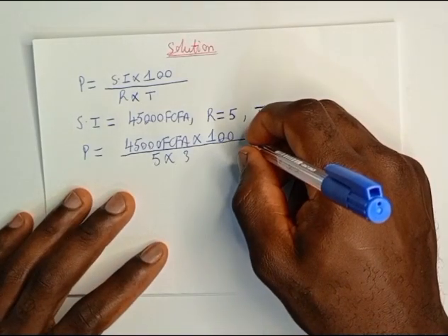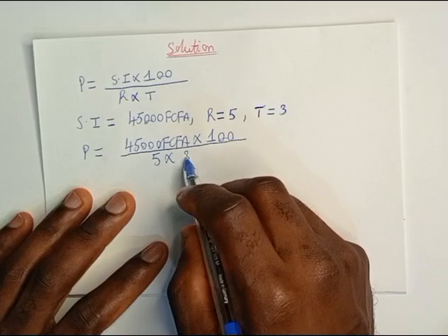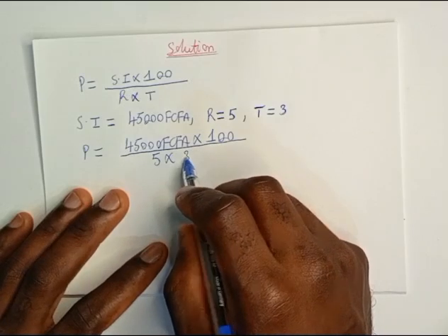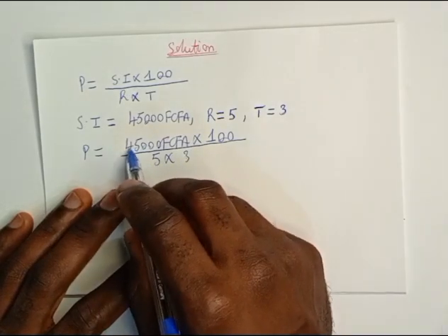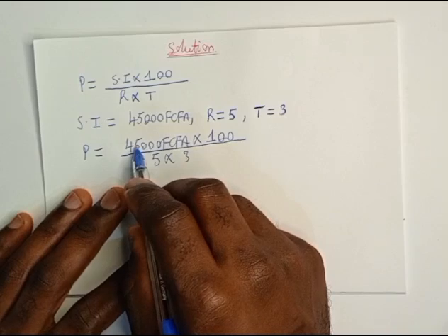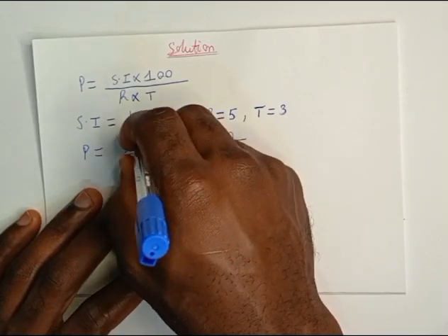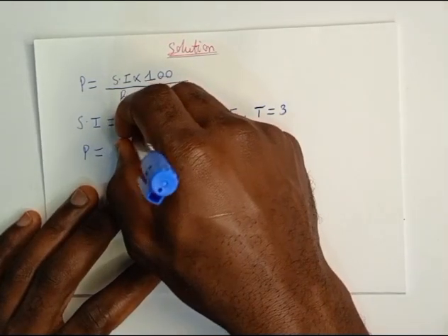5 times 3 is equal to 15. 15 will go into 45 3 times.